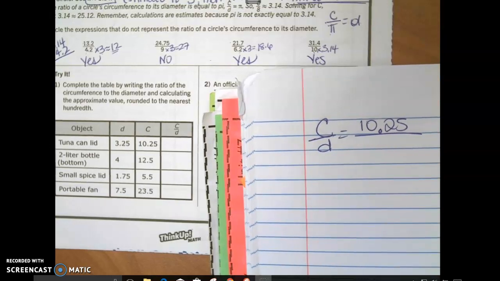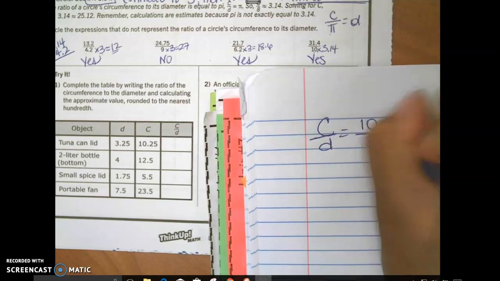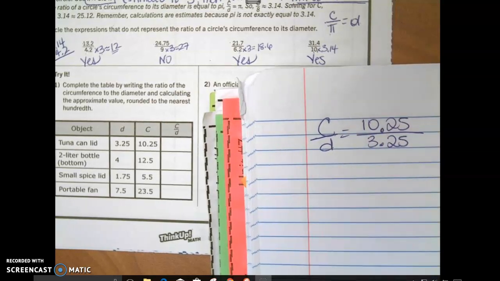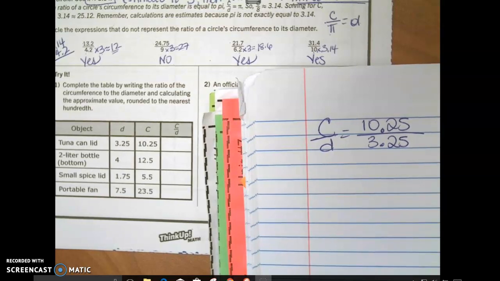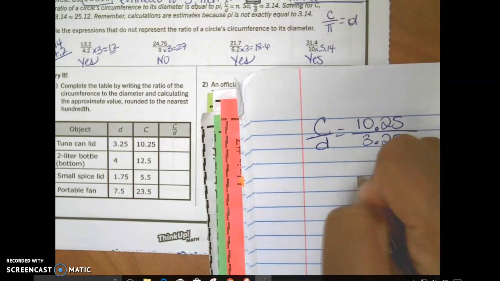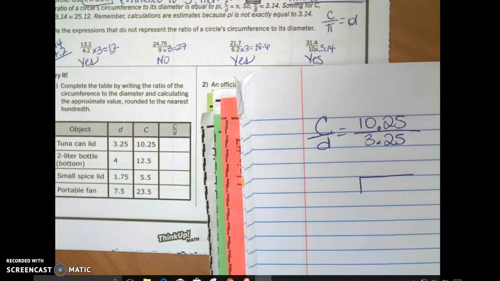Tuna can. What's my diameter? 3 1/4. No, I cannot cross out here because there's a decimal and I can only cross out zeros or factors. So, what operation am I going to do with 10 1/4 over 3 1/4? Divide. Who in, who out? Top in, bottom out.